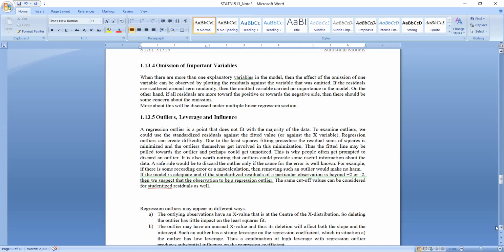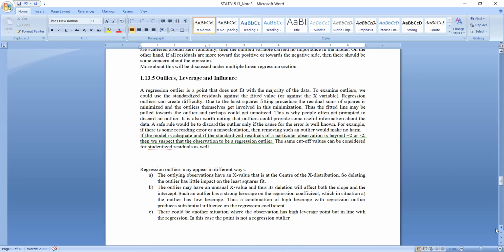And then another point is outliers, the leverage and influence. Now, when you have a data set, sometimes you have extreme points in it. For an example, let's say we are going to predict from your batch.